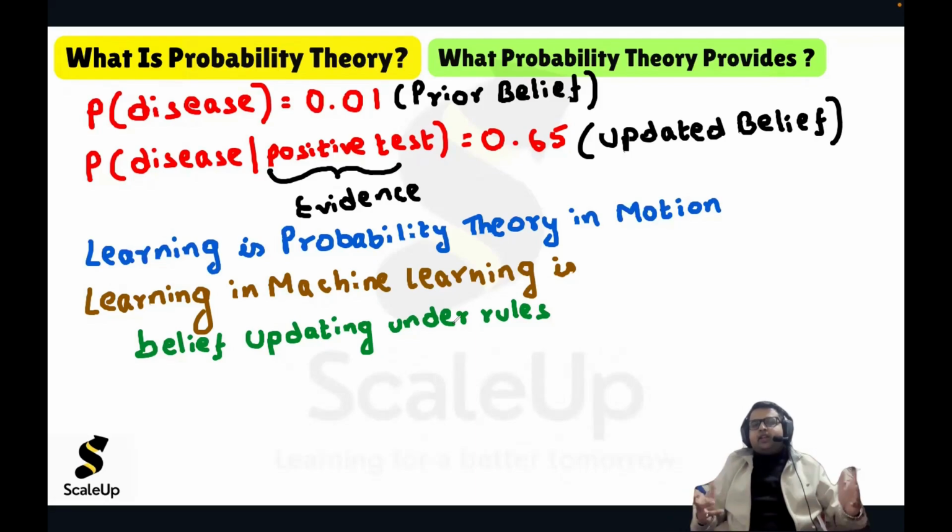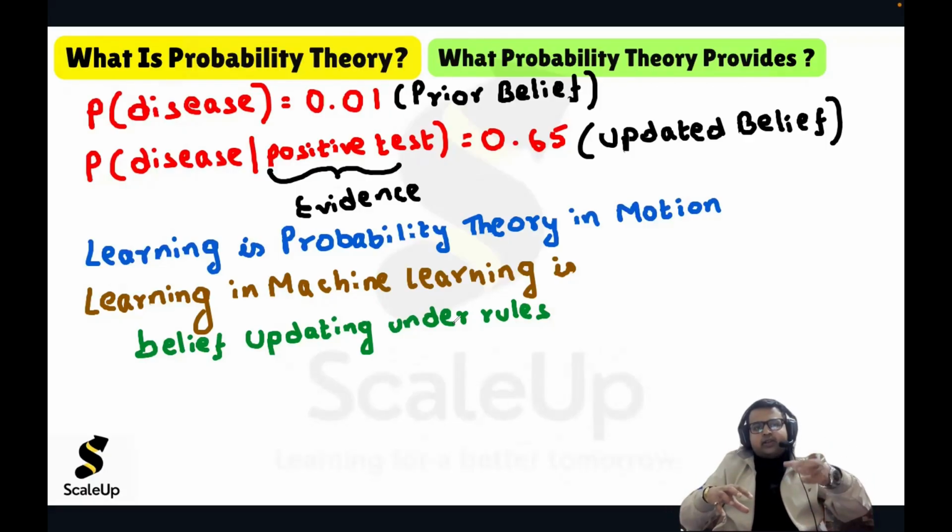The idea is very clear, because in machine learning also, it's all about getting the most optimal weights. We start with a random weight, and that is the belief. Whatever data we have, training data, labeled data, that is the evidence.